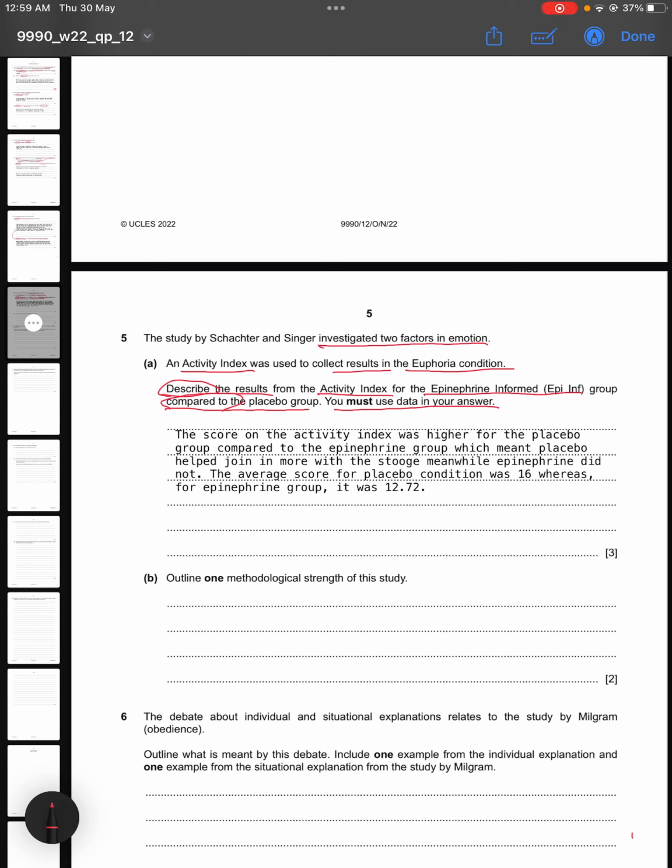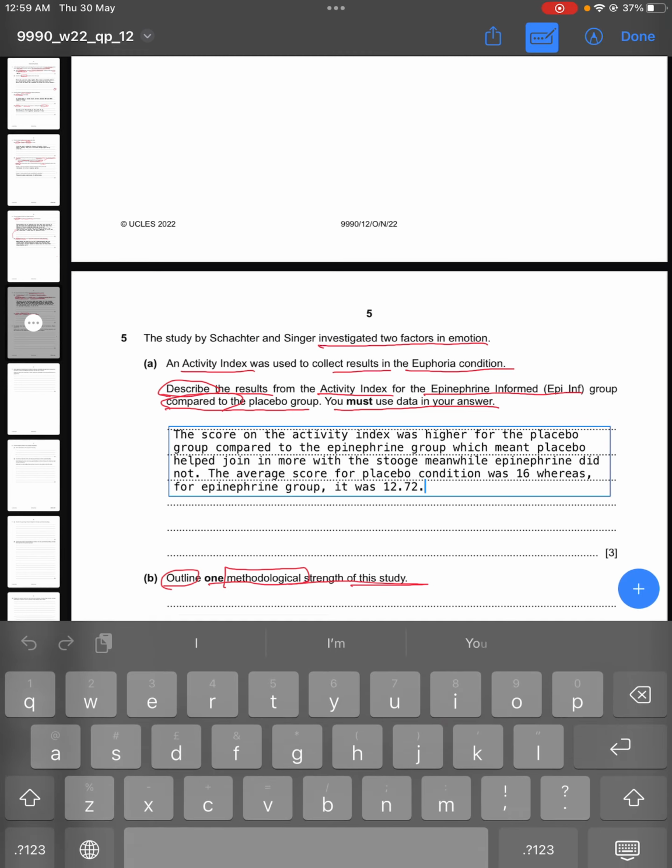Okay, and then part B says outline 1 methodological strength of this study. Methodological strength means you need to focus on the research methods, which kind of research method was used, and how was the experimental design and all of that, and what were the methods used.